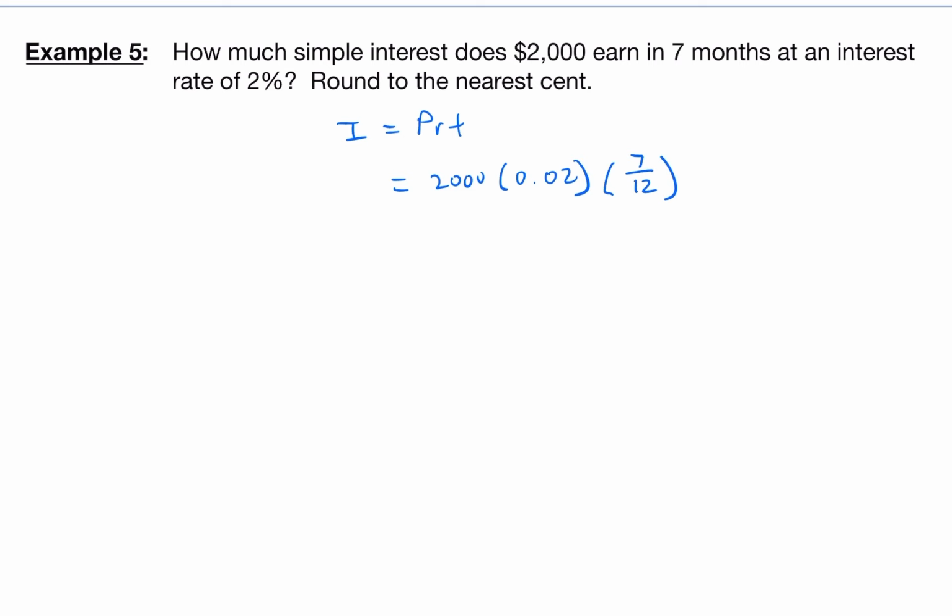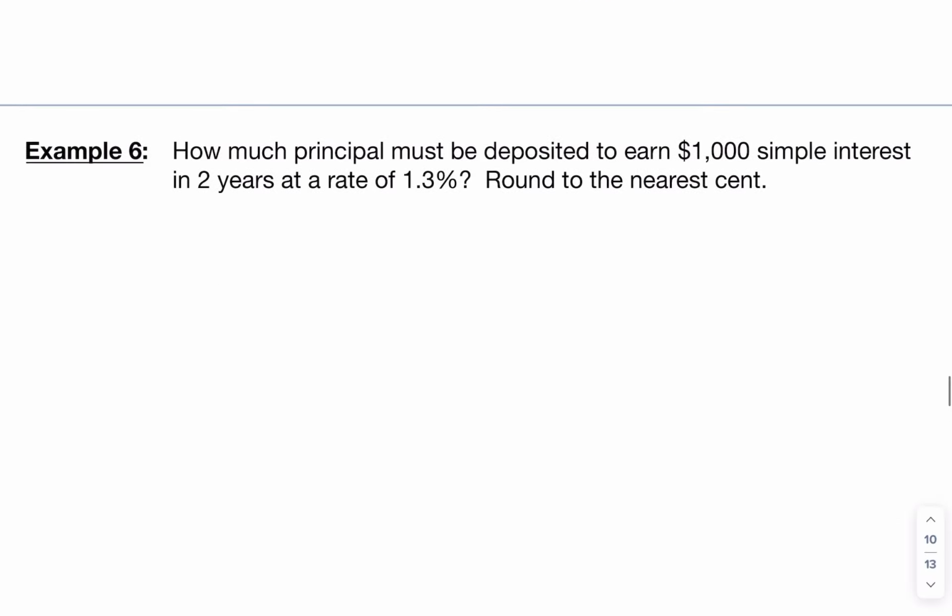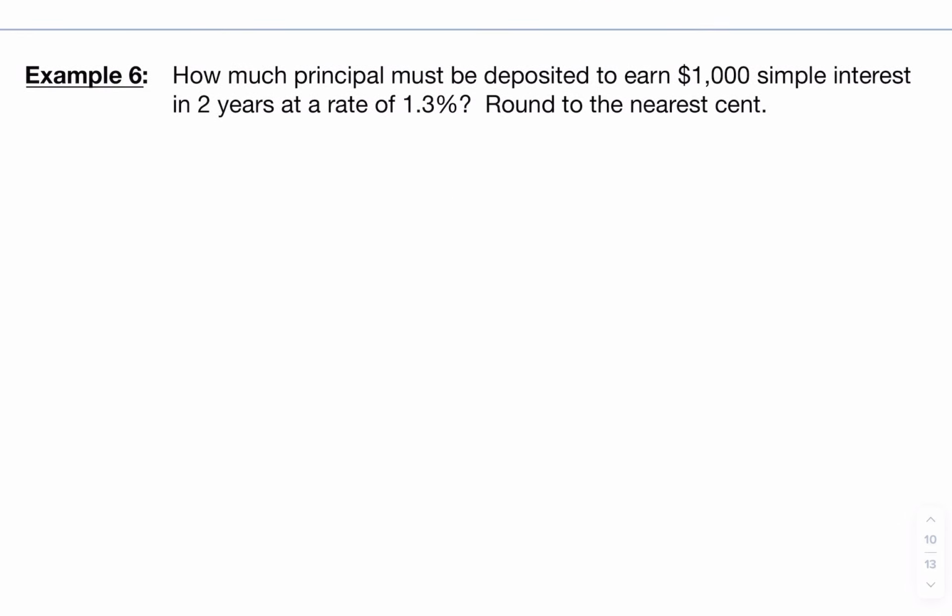And so if we go ahead and plug that into the calculator, we'd find that that amount is $23.33. Okay, so that is our answer. This is how much simple interest is earned from a starting point of $2,000 for a period of 7 months at a rate of 2%. All right, let's go ahead to the next example.